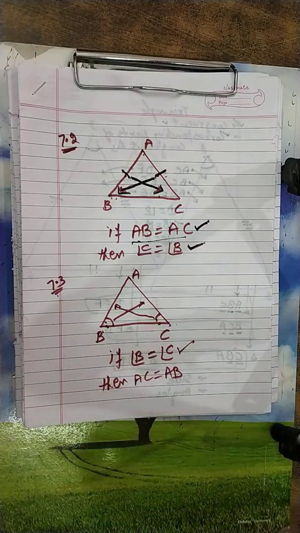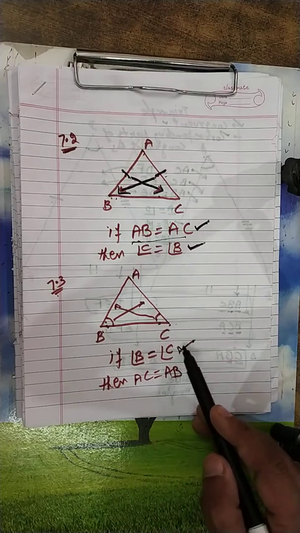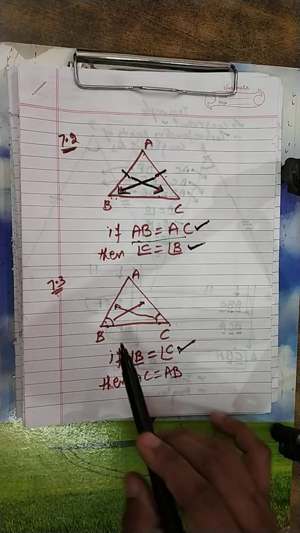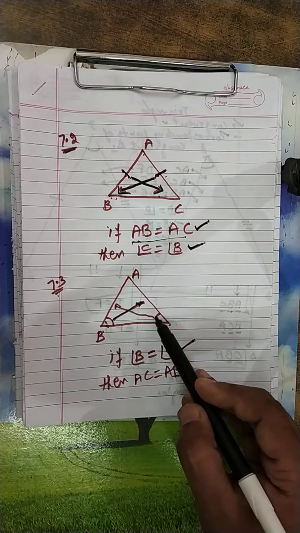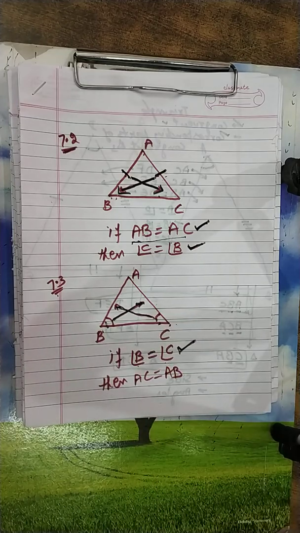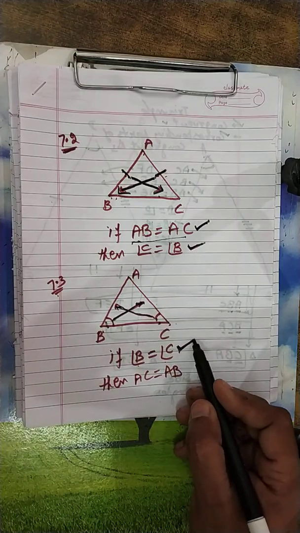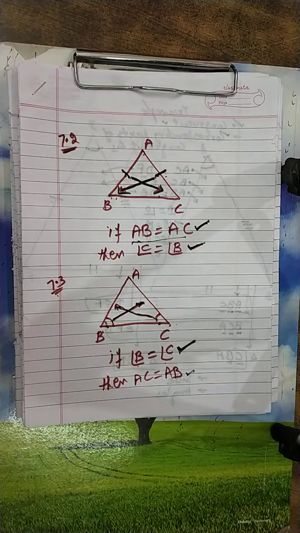And what is the meaning of theorem 7.3? It is the converse of 7.2. If the angles are equal, then their opposite sides are equal. It means if angles are given equal, then you can put their opposite sides equal.